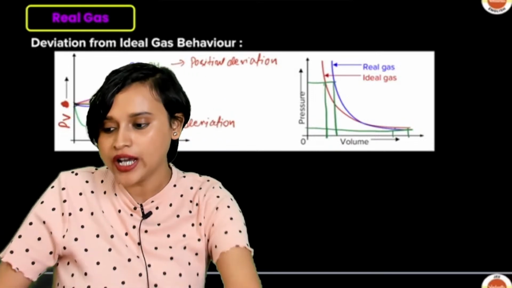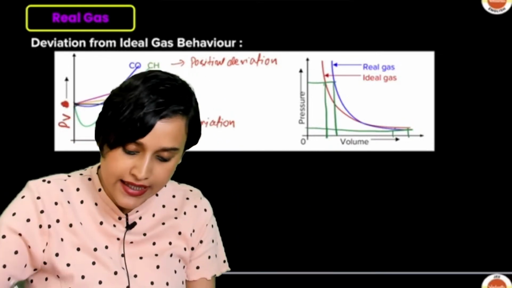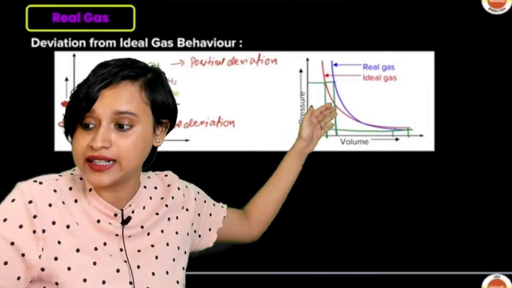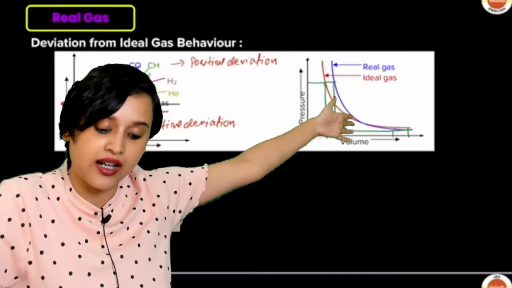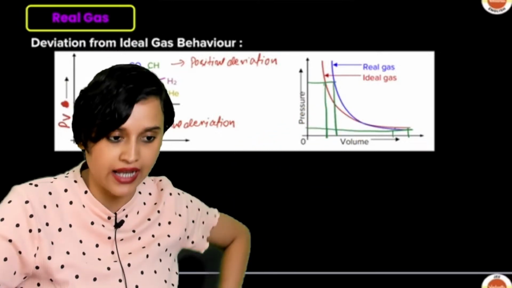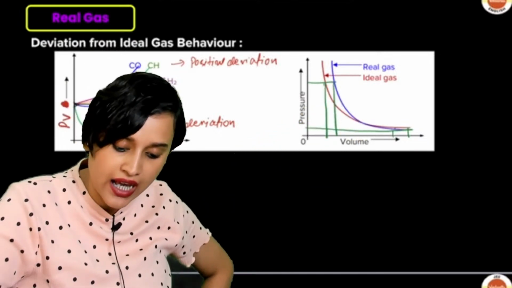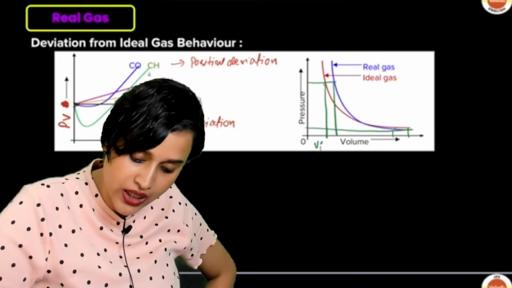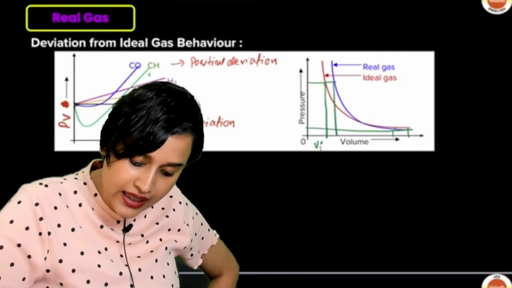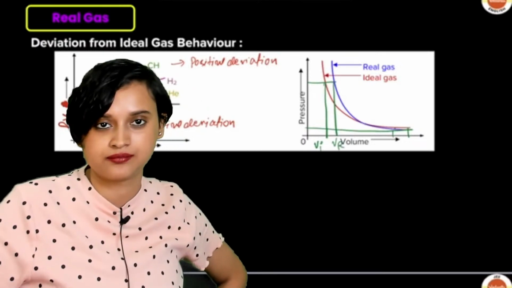You will see that the red part is the ideal gas, and the blue one is the real gas. The ideal gas volume is Vi, and the real gas volume is Vr.